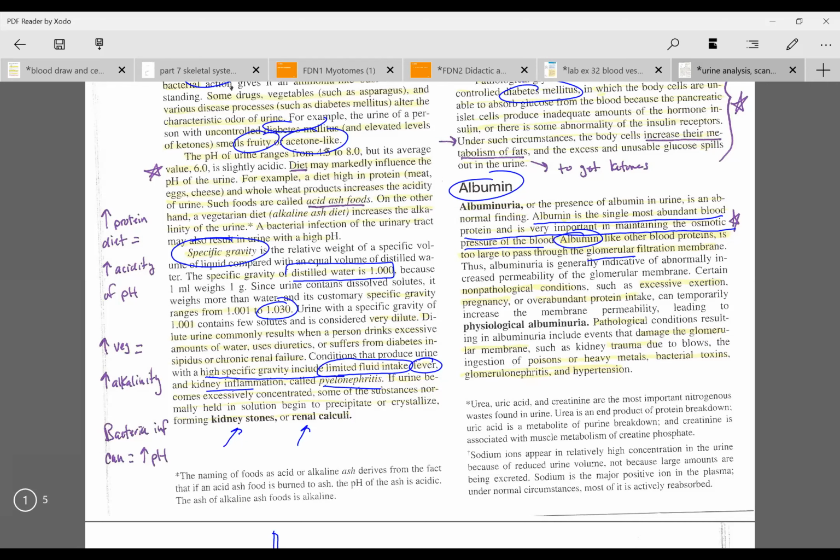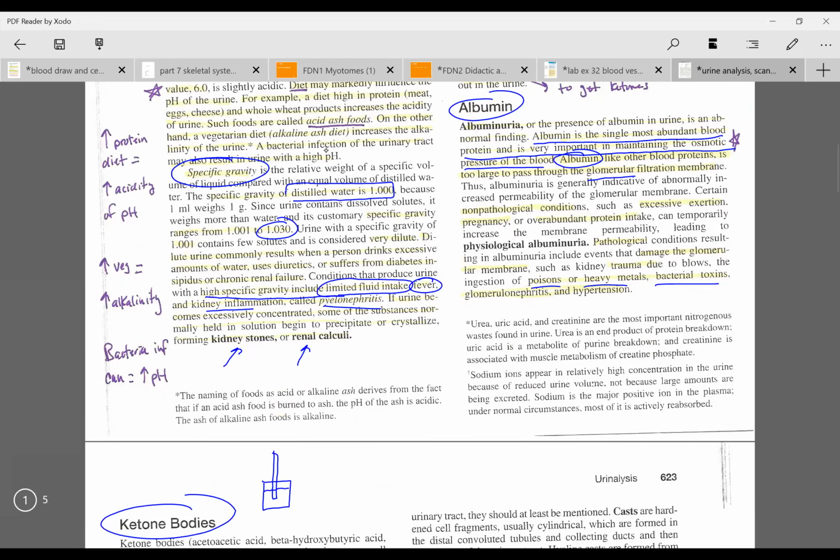Your body should reabsorb that. So if you find it in the urine, then there's something going on. Could be from poisons, heavy metals, bacteria, toxins, inflammation of the components inside the kidney, so glomerulonephritis, or hypertension.